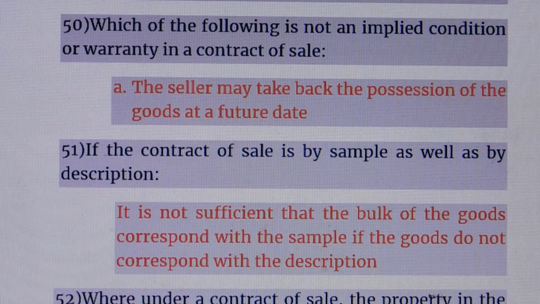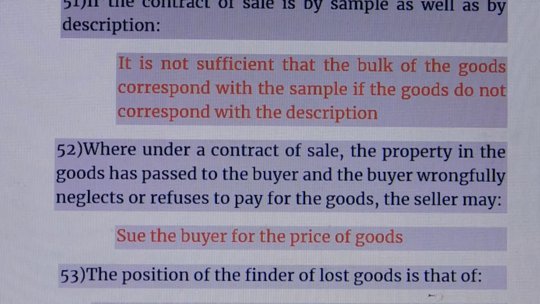Question number 51. If the contract of sale is by sample as well as by description, answer is it is not sufficient that the bulk of the goods correspond with the sample if the goods do not correspond with the description.